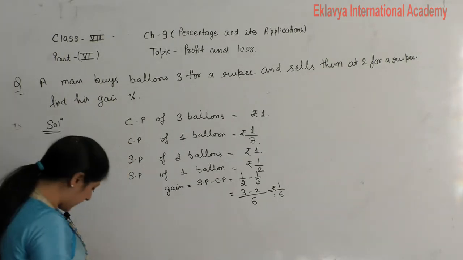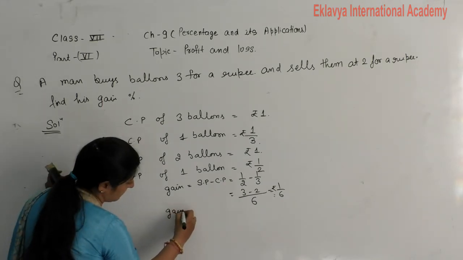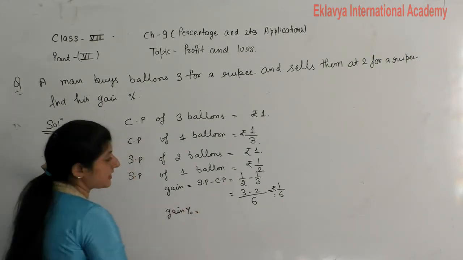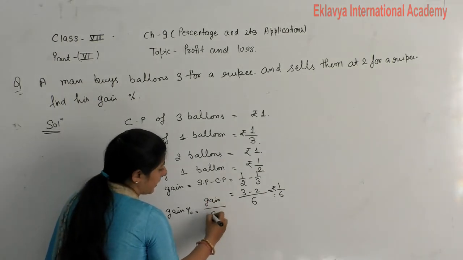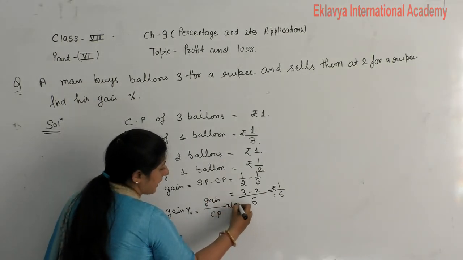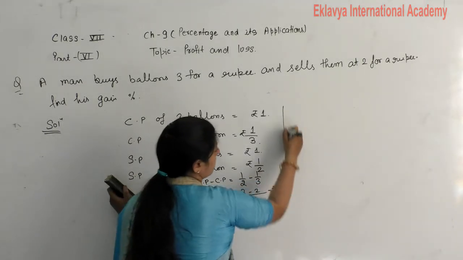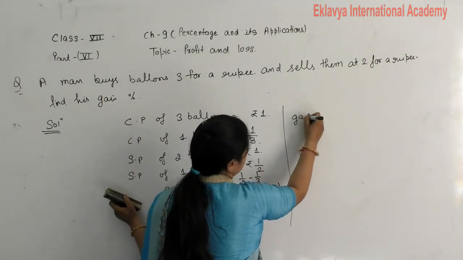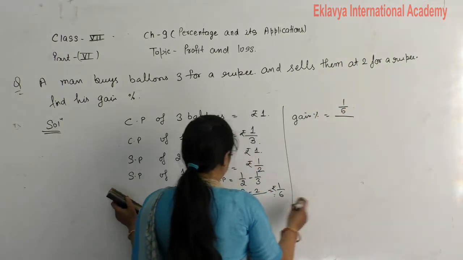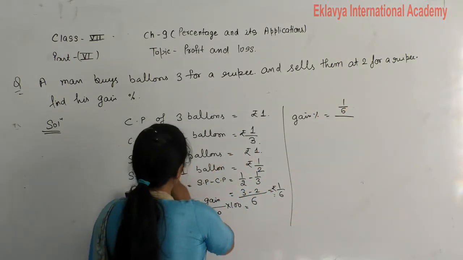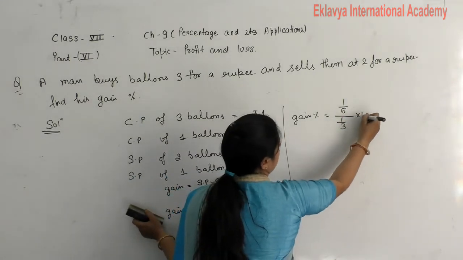Now what is the gain percentage? Gain percentage is equal to gain divided by cost price multiplied by 100. Gain is 1 by 6, CP is the CP of 1 balloon, 1 by 3, multiplied by 100.